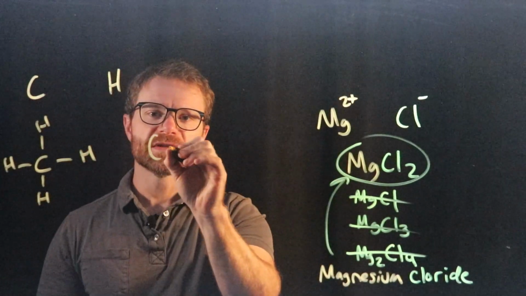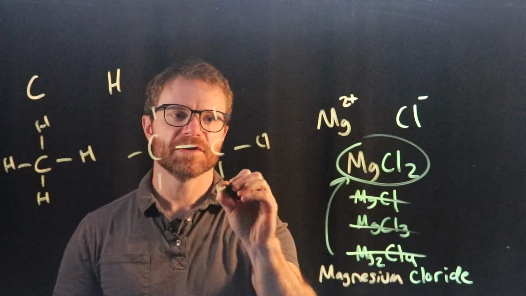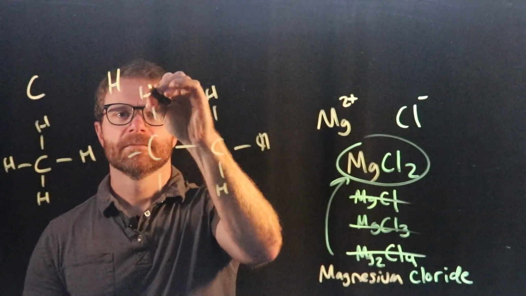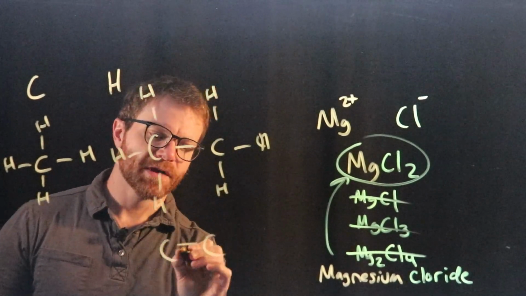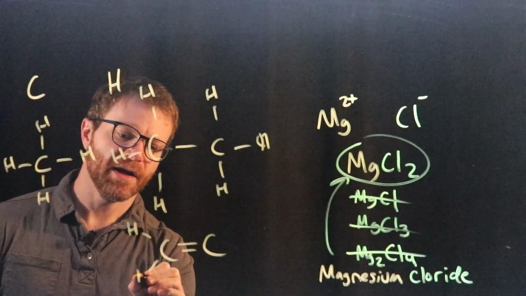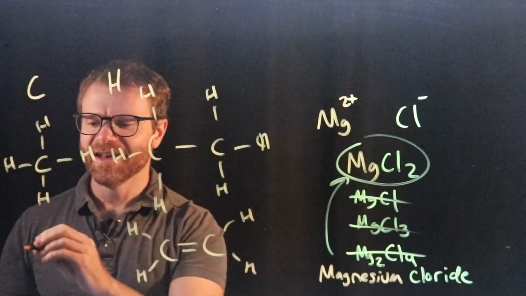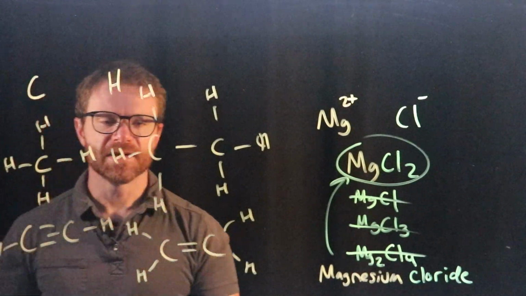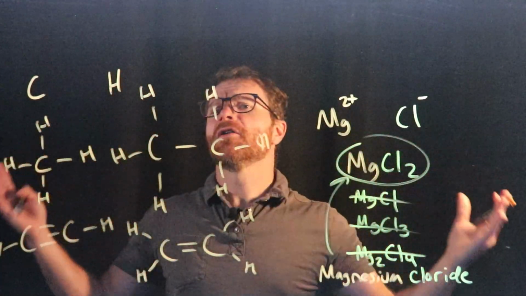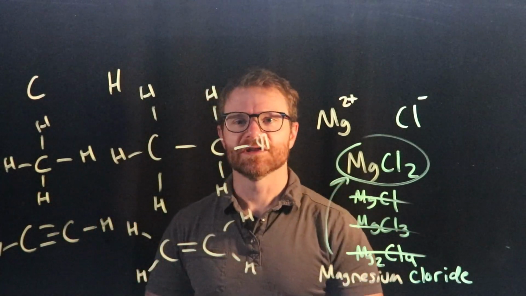We could have 2 carbons surrounded by 6 hydrogens. We could have 2 carbons again, but with a double bond surrounded by 4 hydrogens. We could have 2 carbons yet again, but with a triple bond surrounded by a hydrogen apiece. And this will just go on forever. In fact, there's probably something like infinite ways we could stick carbon and hydrogen together.